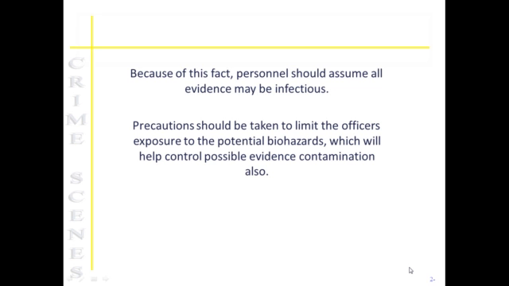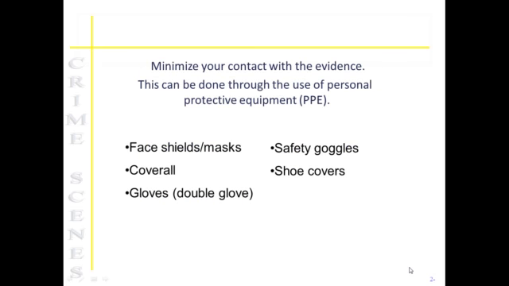A lot of personal protection equipment can be used by the officers responding to scenes to protect themselves from exposure to potential biohazards. It also helps, when you're using this type of personal protection equipment, to prevent personnel at the scene from contaminating evidence.